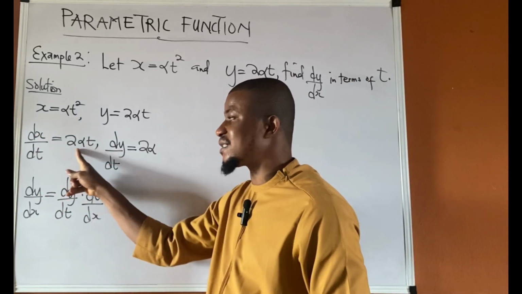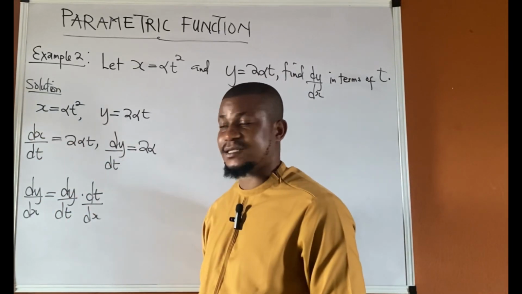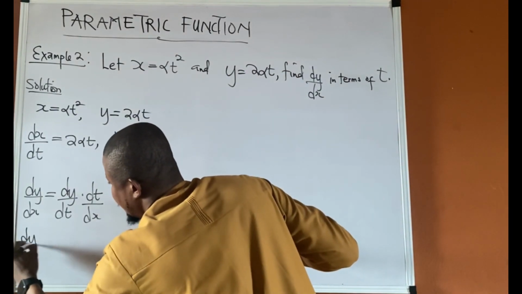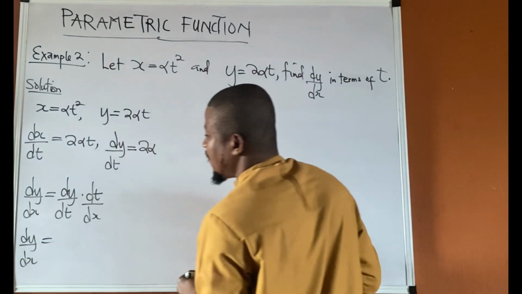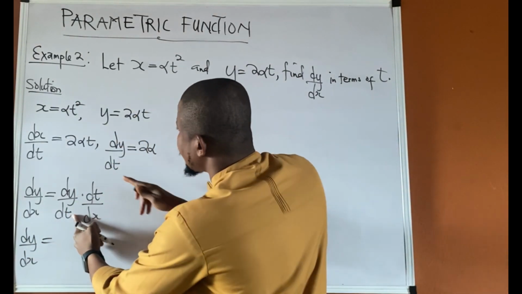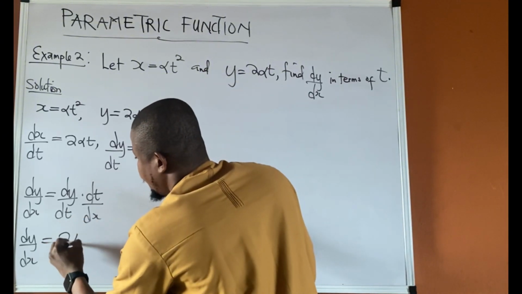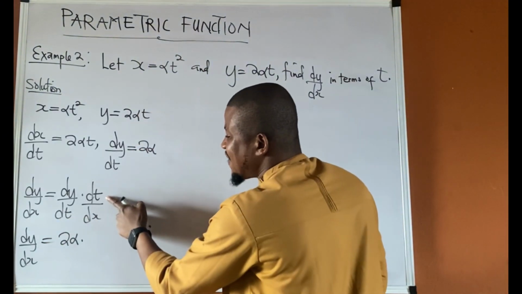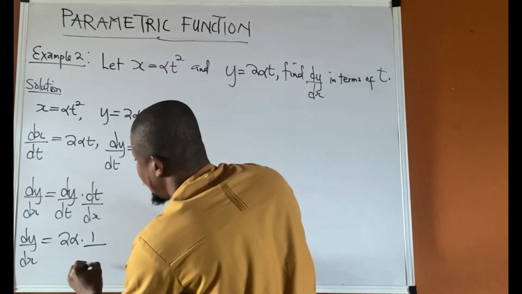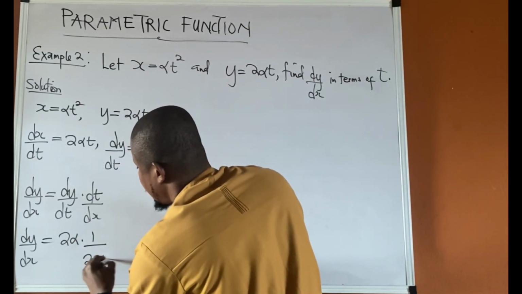So we need to invert this to find dt/dx. And so our dy/dx would be, our dy/dt is 2 alpha, and then our dt/dx is the inverse of this, which is 1 over 2 alpha t.